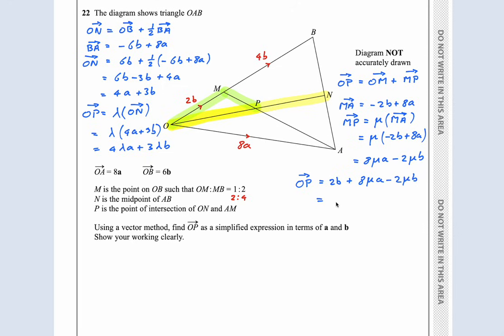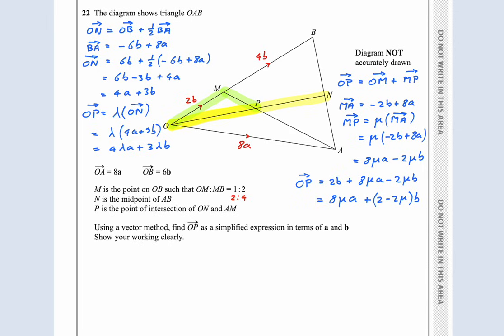So I'm just going to put the a first. It's 8 mu a plus 2 minus 2 mu b. I've factorized out the b, so it's something a plus something b.